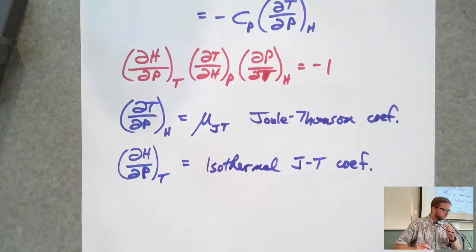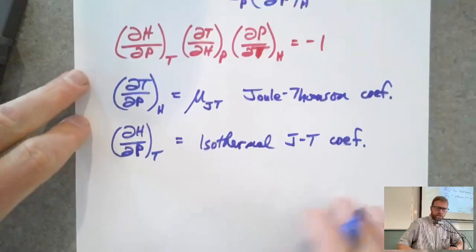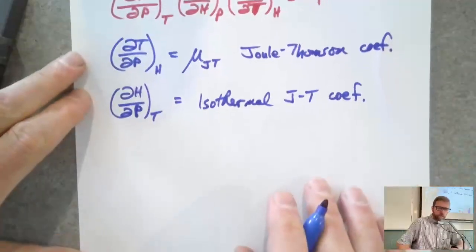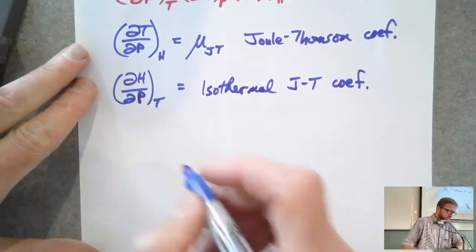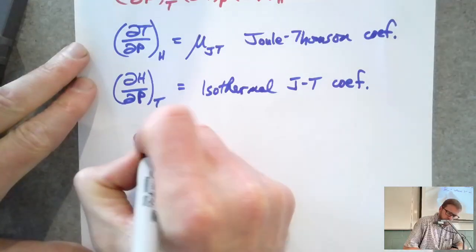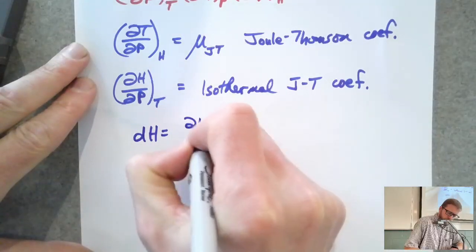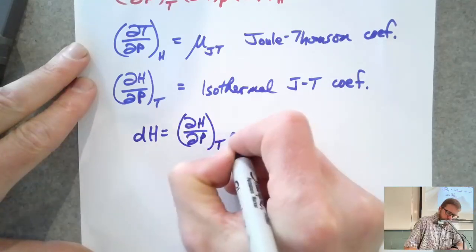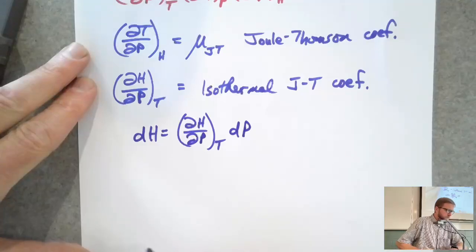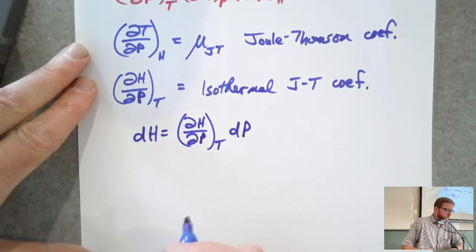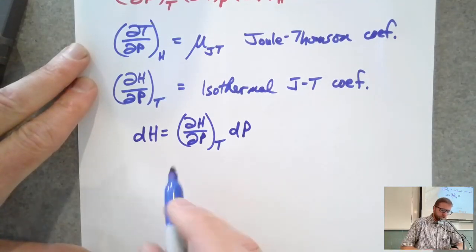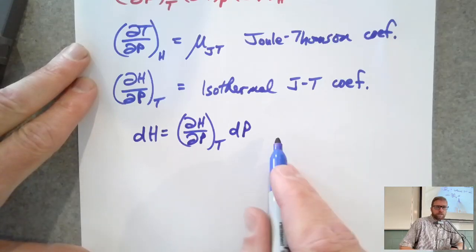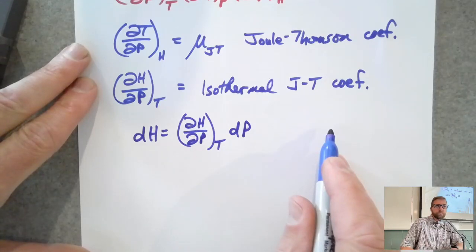So if you're wanting to know how enthalpy changes with pressure, now that we have this Joule-Thomson coefficient, we can write out this, which is what we want. This would be at constant temperature, right? So there's no temperature term over here.